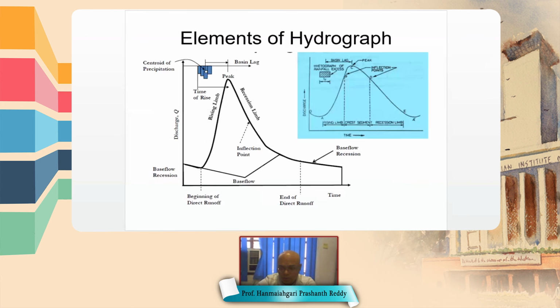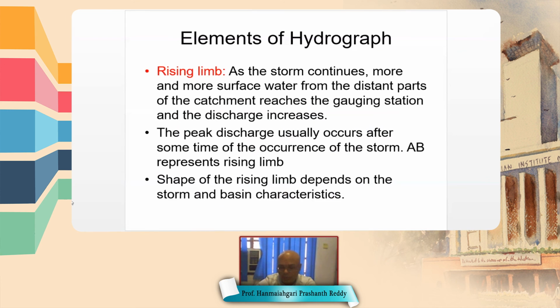In this particular figure, AB is the rising limb. The shape of the rising limb depends upon the storm properties and basin characteristics. If the rainfall intensity is very high, then the slope of the rising limb will be quite high.